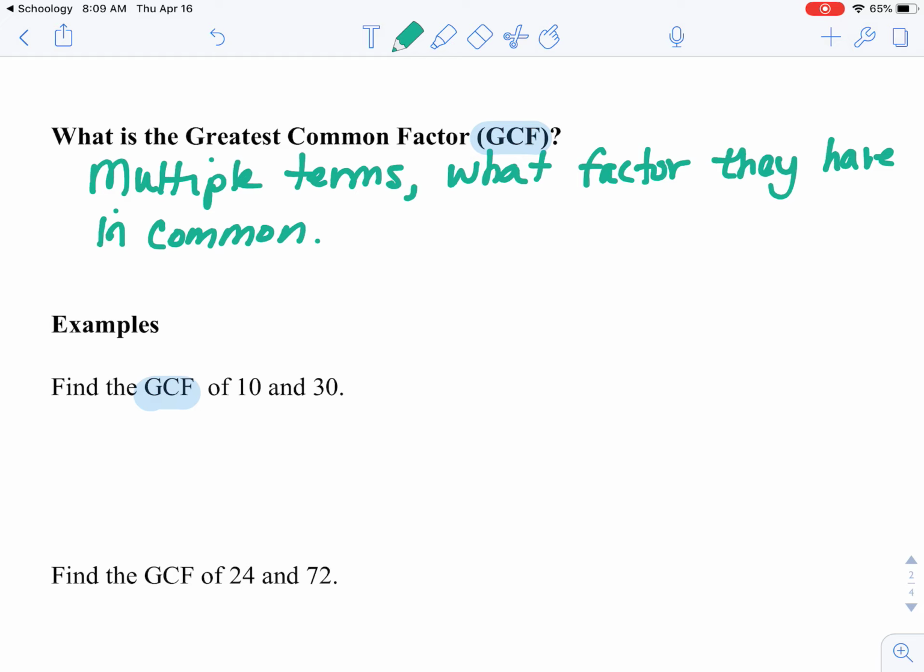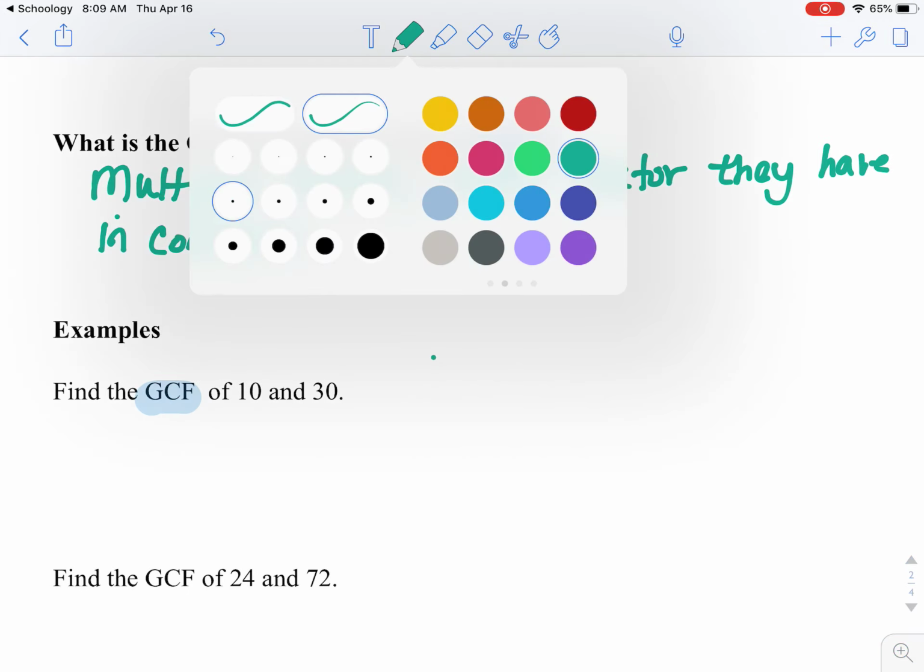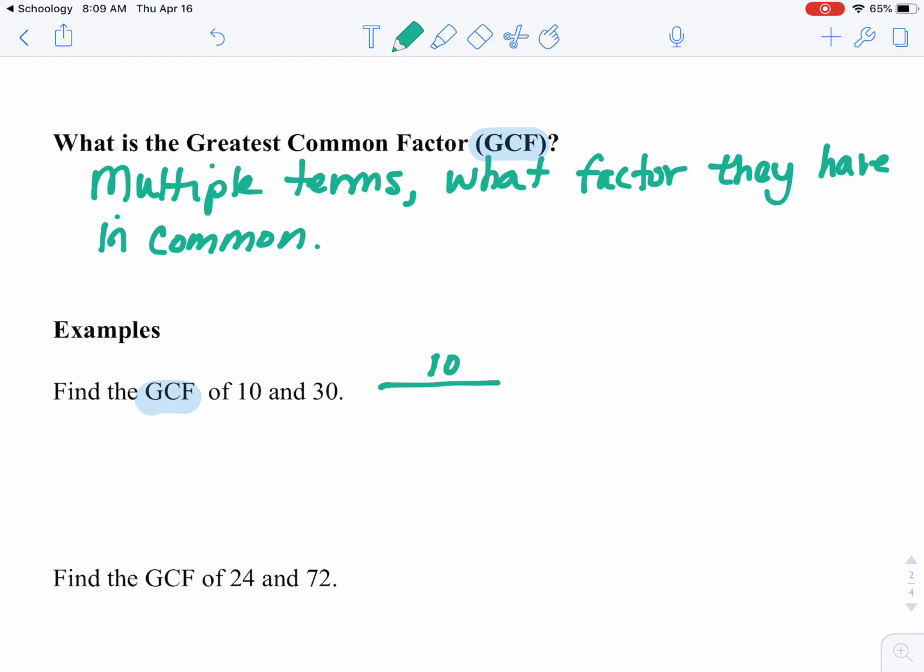So if we wanted to find the GCF, the greatest common factor of the numbers 10 and 30, what I would do is I'm going to have two factor trees, one for 10 and one for 30. So first I'm going to do 10, and then I'm going to find the factors for 30.